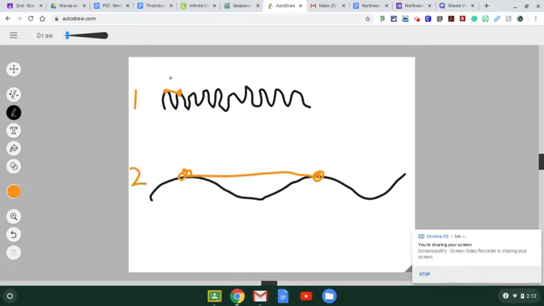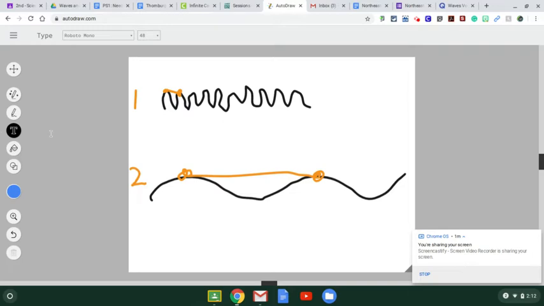As frequency increases, so we're actually going to write that out. Actually, it's going to be better if I just type it out.